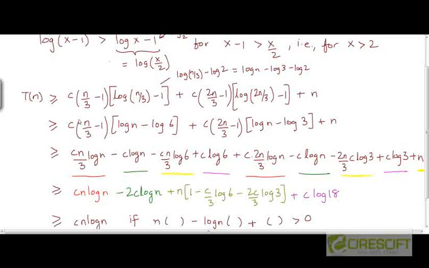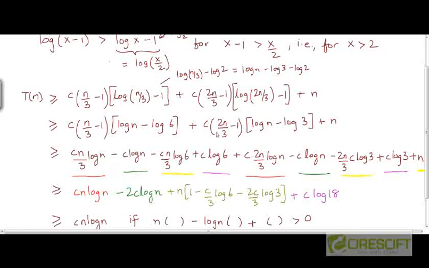If I take the first term here and multiply it with the second term here, I'll get minus cn by 3 log 6. If I take the second term here and multiply it with the first term here, I'll get minus c log n. If I take the second term here and multiply it with the second term here, I'll get minus c times minus log 6, which is plus c log 6. So these are the first 4 terms.